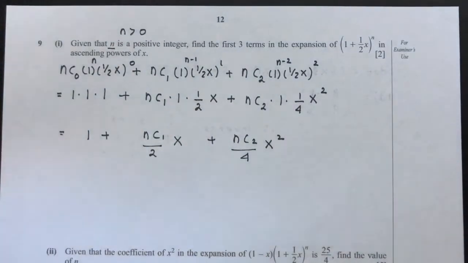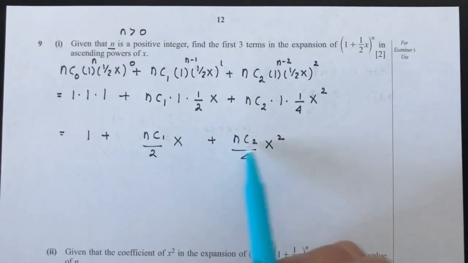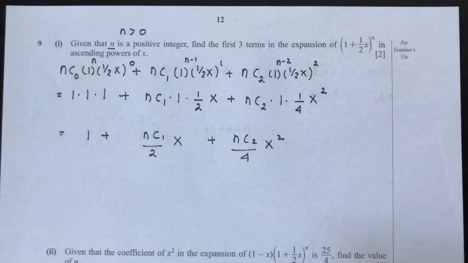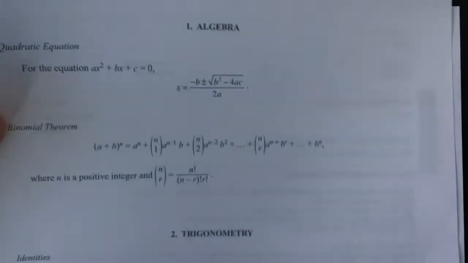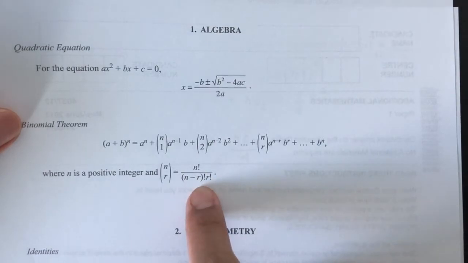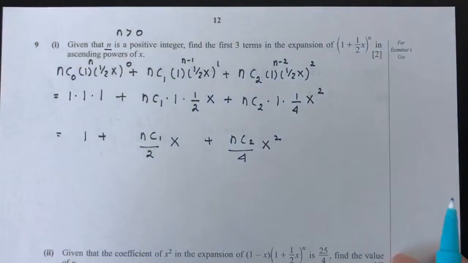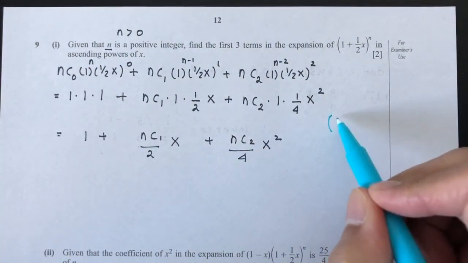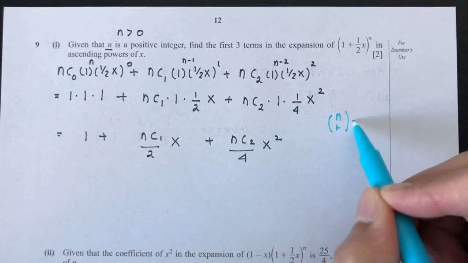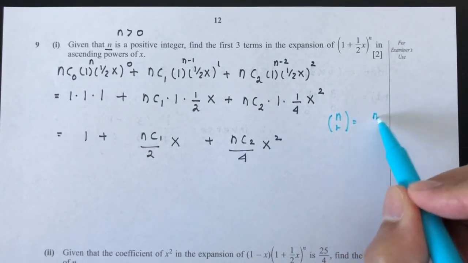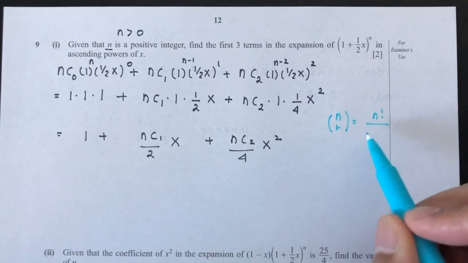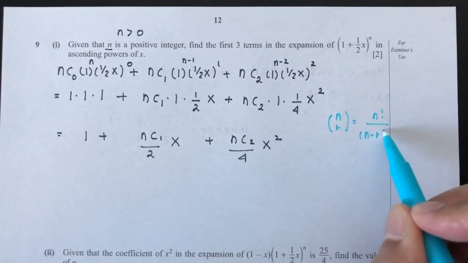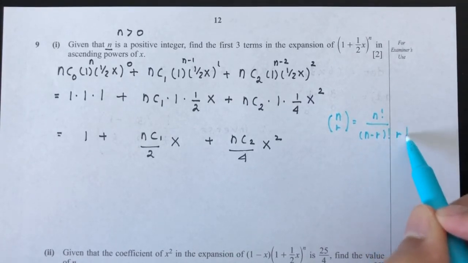Now we have to simplify this as well. If you look at your list of formulas, you will have something there to help you with that. So you will see the definition or the formula for that. It says n choose r is equal to this. So what is n choose 1? So we know that n choose r is given by n factorial over n minus r factorial times r factorial.